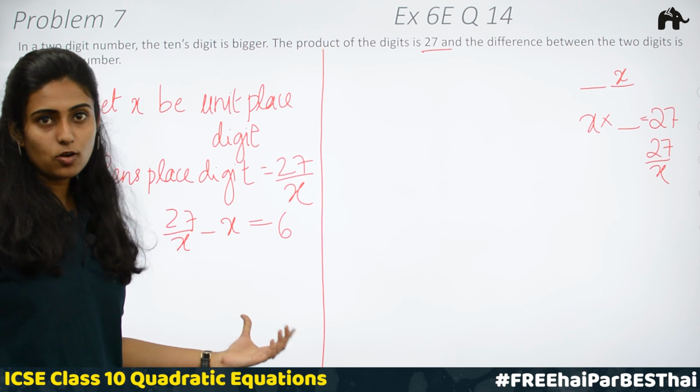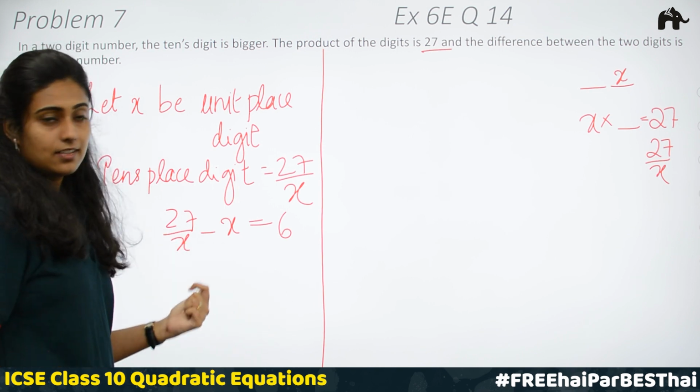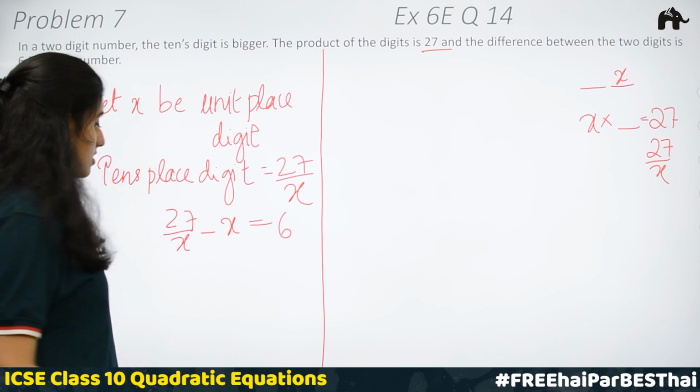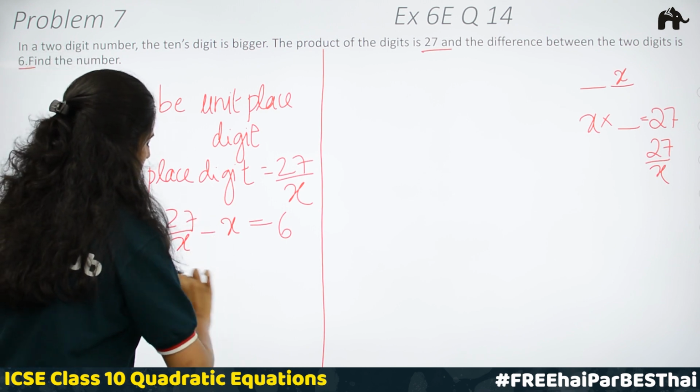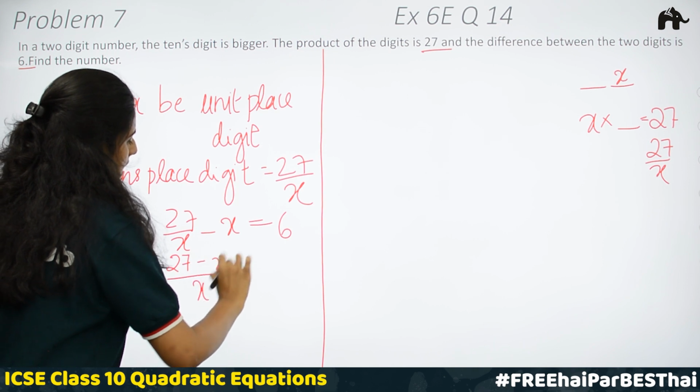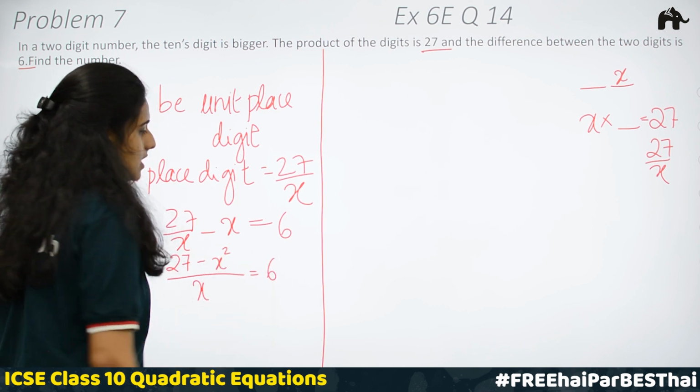From this we can get the quadratic equation, right? Here we have fractions. We have to convert to the standard quadratic form. Taking LCM, denominator x, numerator 27 minus x square, that is equal to 6.